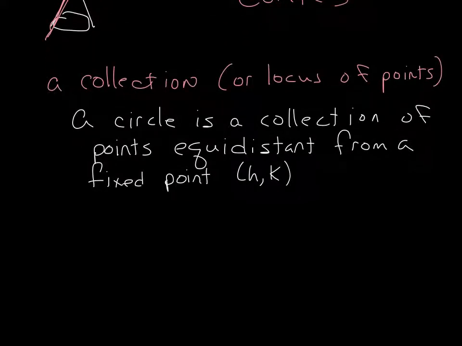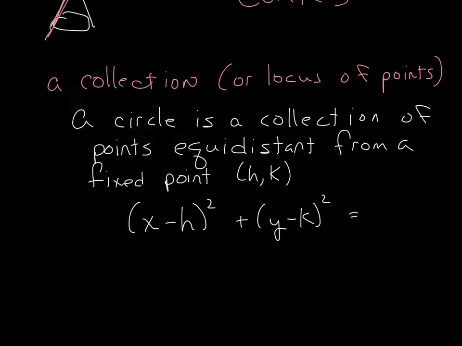I think we talked about this the other day after our SAT prep, but the standard form for a circle algebraically is (x minus h) squared plus (y minus k) squared equals r squared. So we have seen x squared and y squared in the same equation before, but it was a circle. That is your standard form for the equation of a circle.